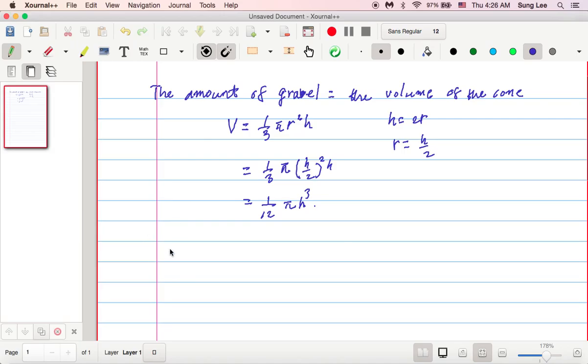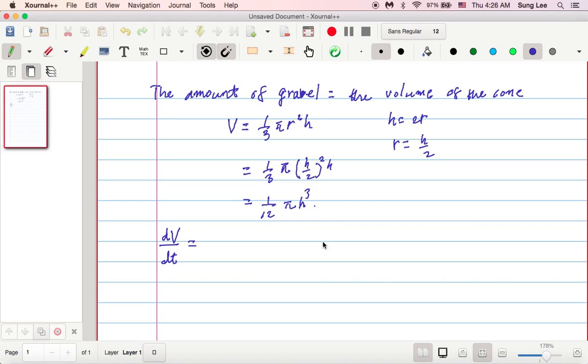Okay, so we now differentiate this with respect to time. So dV/dt, on the right hand side, we will have to use the chain rule. V is a function of h, but then h is a function of t. We are taking the derivative with respect to the innermost variable t.